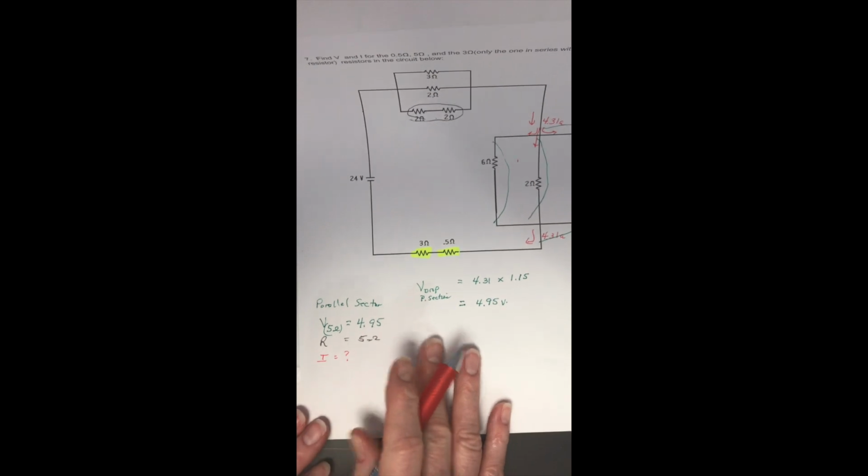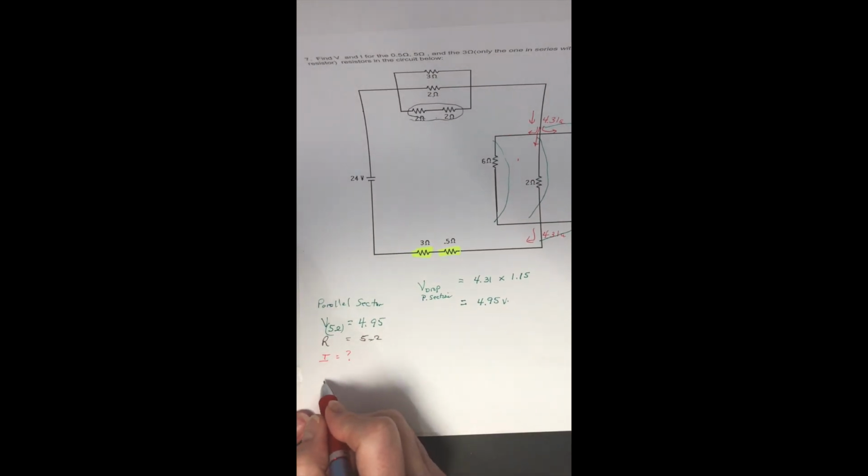And you do realize that when 4.31 goes in, it's going to split. So we just need to find out how much current goes down his. Well, that's going to be easy. So I use Ohm's law.